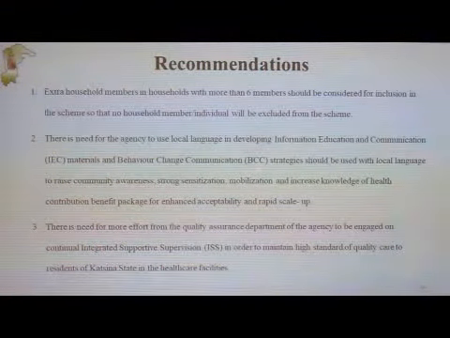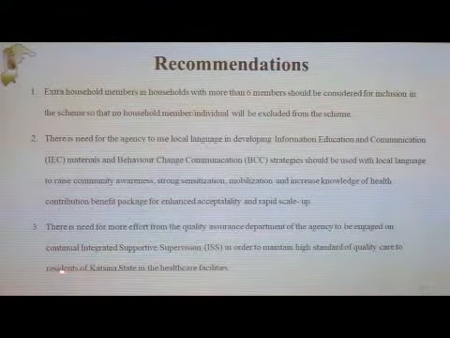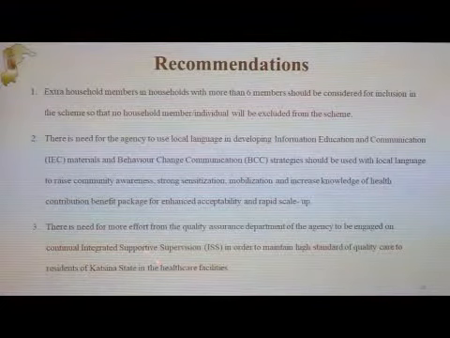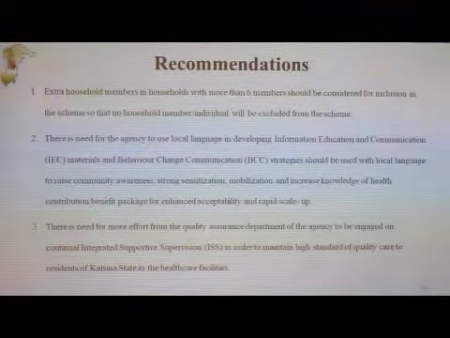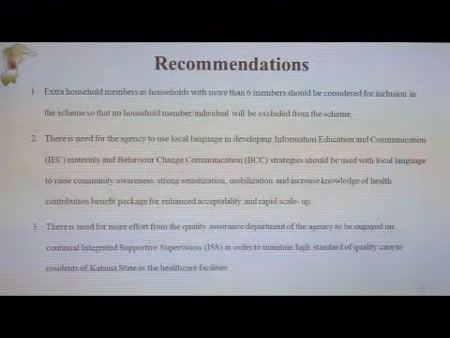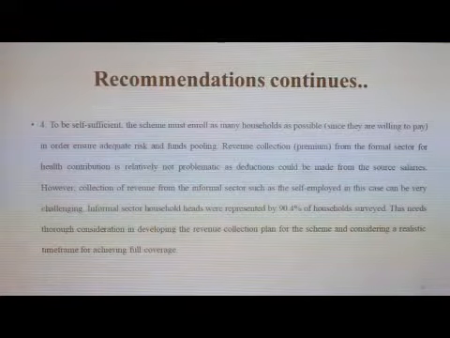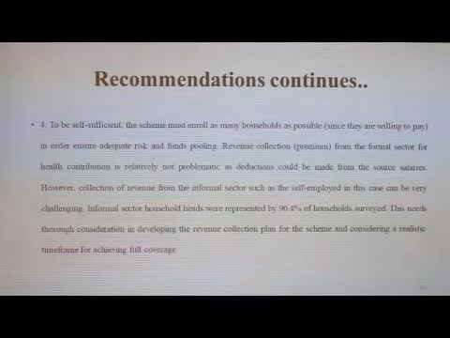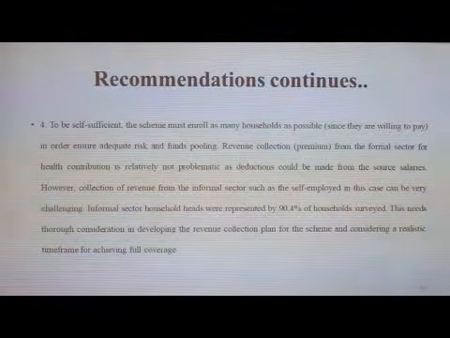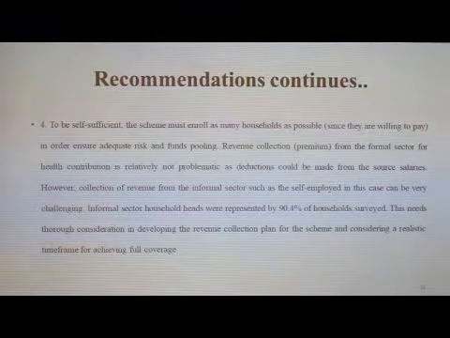There is also a need for more effort from the Quality Assurance Department of the agency to be engaged in continued integrated supportive supervision in order to maintain a high standard of quality care for residents of Katsina State in the healthcare facilities. To be self-sufficient, the scheme must enroll as many households as possible, since they are willing to pay, in order to ensure adequate risk and fund pooling.